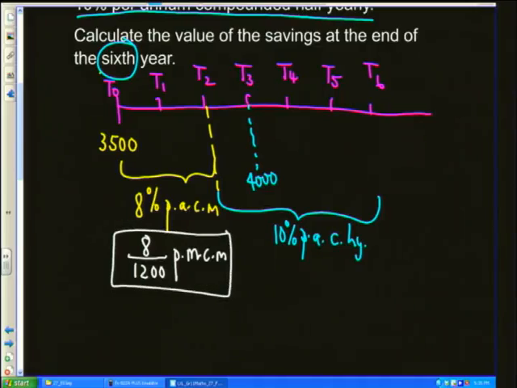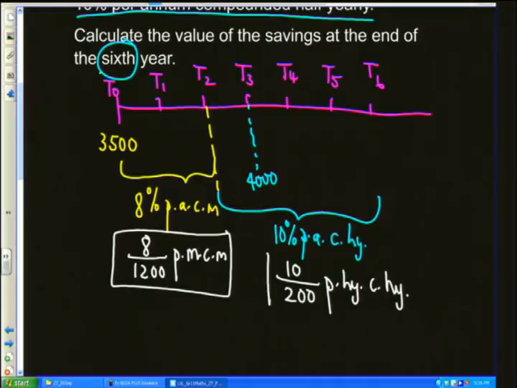And over here, it's half yearly. So if it's half yearly, it's 10%, 10 over 100, but I'm going to do it twice. So I want 10% half yearly would be divided by 2, so it's 5% per half year. So that would be per half year, compounded half yearly. So that's what I'm going to be using in my formula.